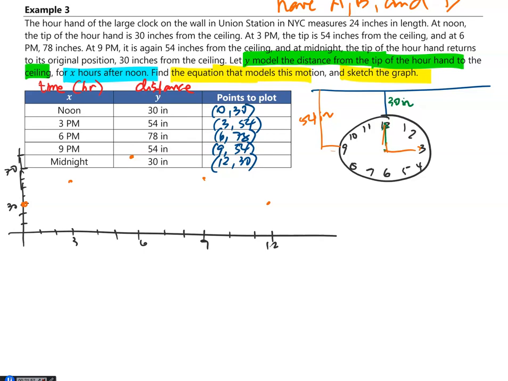So it looks like this graph starts here, and then it continues after midnight, so it's going to be continuous here. Do you agree?